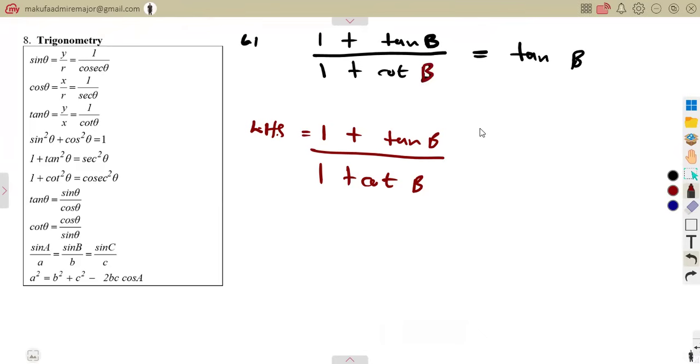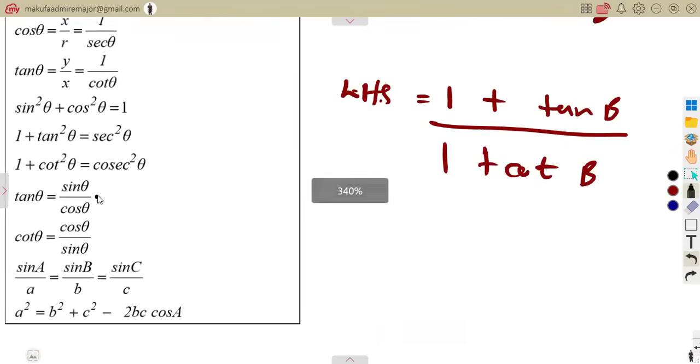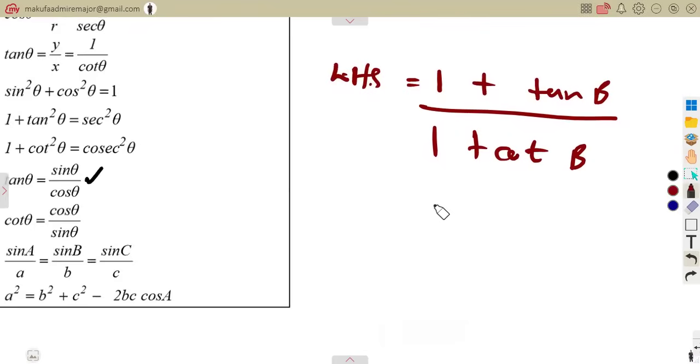So how can we prove that? Is there anything that we can get rid of? Yes, the tan and the cot. They have got equivalent ratios. The tan, remember, is sine over cos. So if I was to write this in terms of sine and cos, it was going to be 1 plus sine b over cos b, which is in place of the tan b.